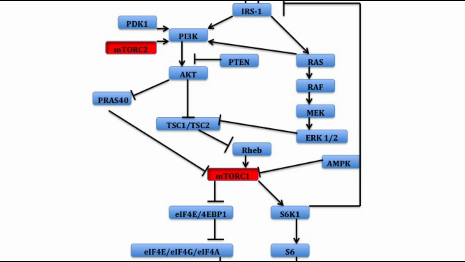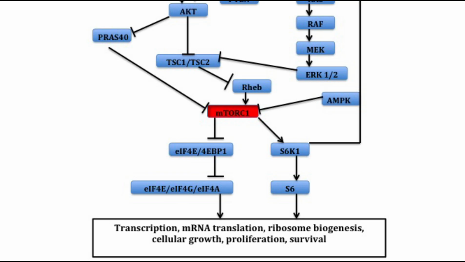Then the TSC1 and TSC2 complex inhibits RHEB. RHEB GTP is a molecule whose role is to directly activate mTORC1. Then mTORC1 is the central kinase that promotes anabolic metabolism. Then S6K1 and 4E-BP1 are the downstream targets that promote protein synthesis.